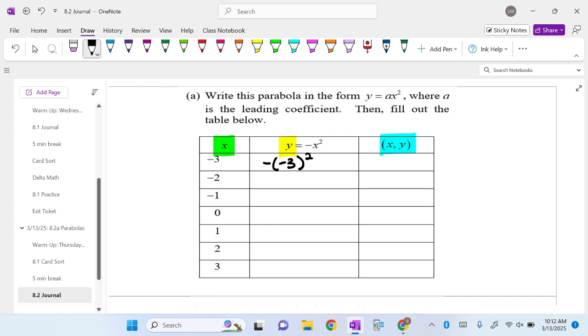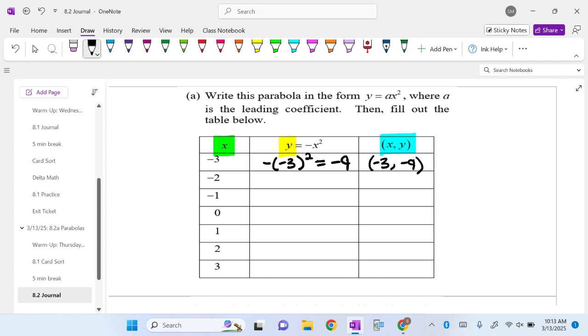Remember, negative 3 times negative 3 is a positive 9. Now, we then do positive 9 times negative 1. What is that? Negative 9. So this is negative 9. So our point would be negative 3, which is our x value, negative 9.